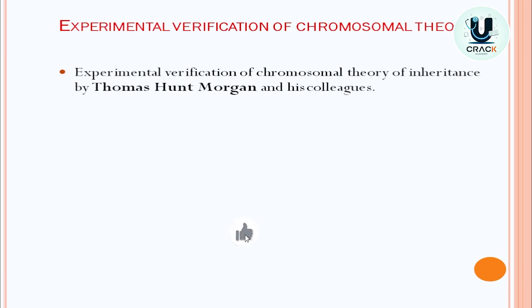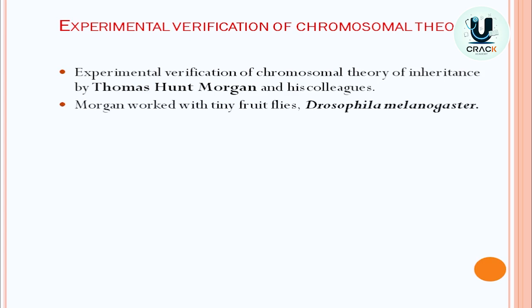What is the experimental verification of the chromosomal theory? Here Thomas Hunt Morgan and his colleagues were introduced. Morgan worked with tiny fruit flies, Drosophila melanogaster.